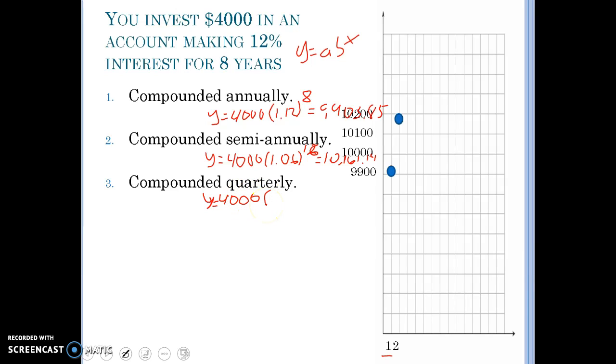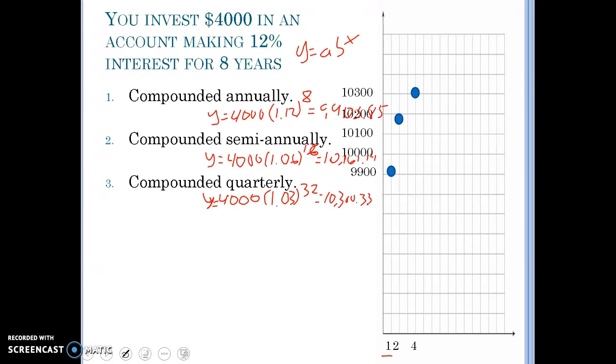We're going to multiply it by not 12% or 6%, but 1/4 of 12%, which is 3%, so 1.03. And over a period of 8 years, compounding it 4 times a year, they're going to compound it 32 times. And that gives you $10,300.33.